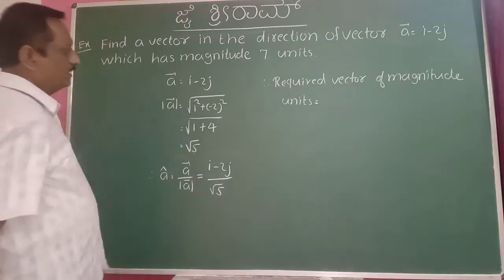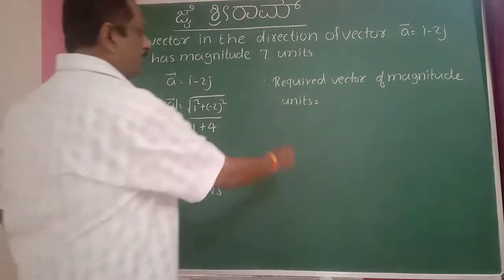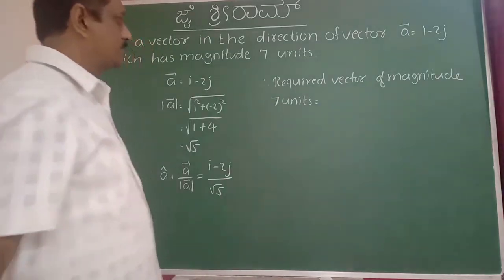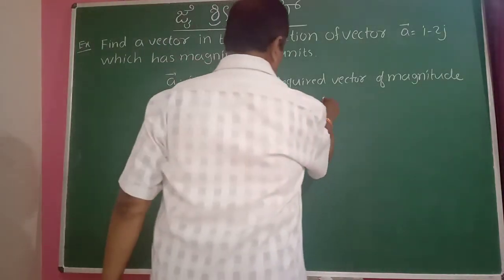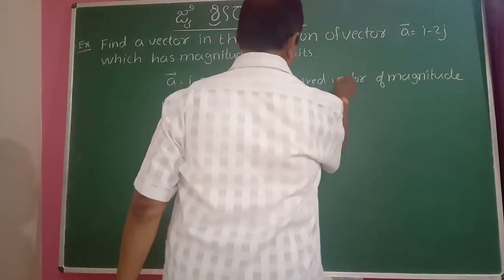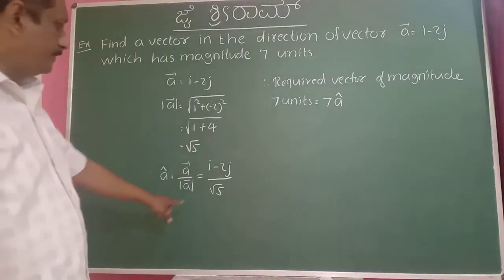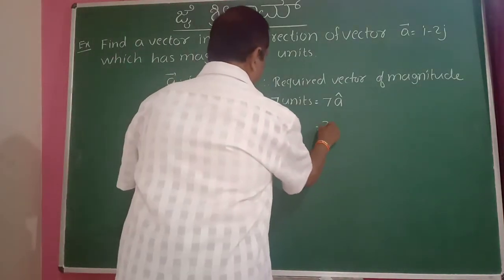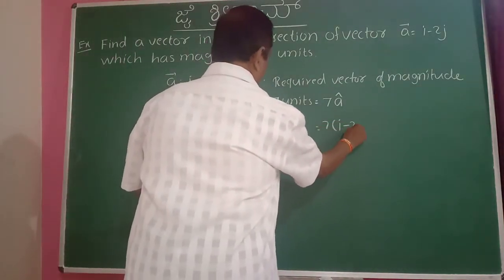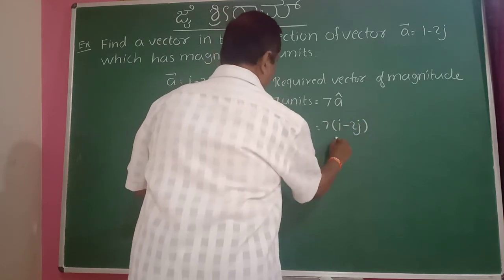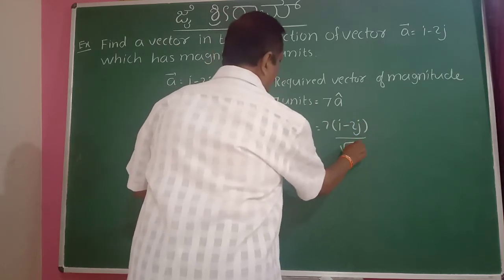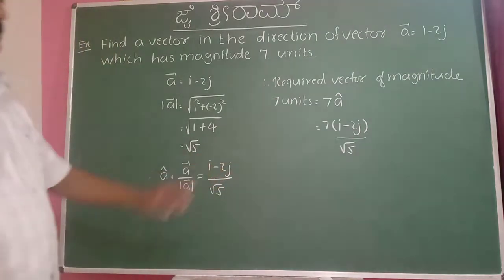Therefore a cap is i minus 2j divided by root of 5. The required vector of magnitude 7 units is 7 into a cap, therefore 7 into i minus 2j divided by root of 5. This is the required result.